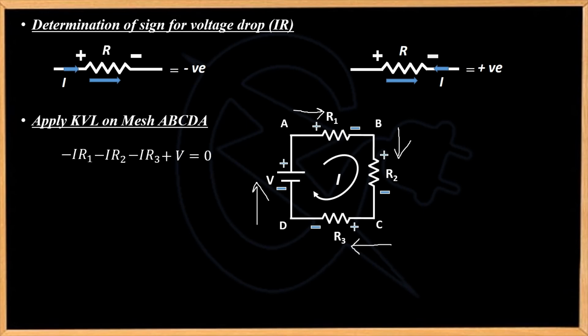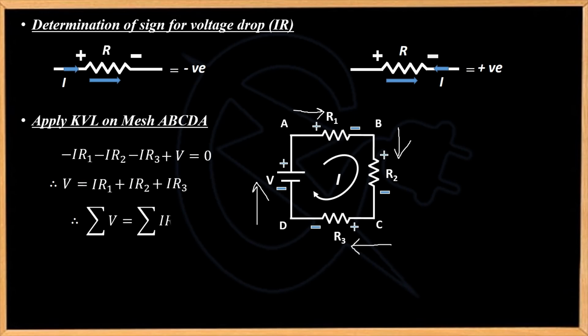Now when we simplify the equation, the negative terms go to the RHS and become positive, so V is equal to IR1 plus IR2 plus IR3. If we see the equation, these IR1 plus IR2 plus IR3 are voltage drops, whereas this V is the voltage rise.